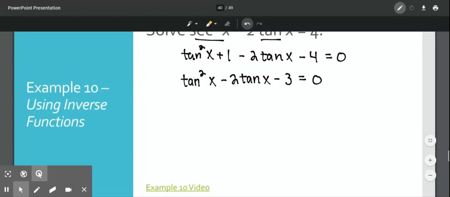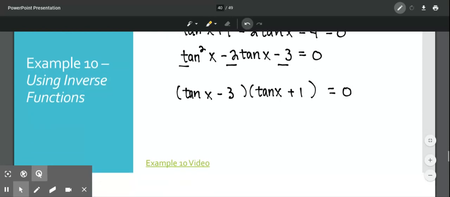And so here we have to think, does anything multiply? Because we have this leading coefficient of 1 right here. So does anything multiply to give us negative 3 and add to give us negative 2? So our tangent squared will factor into tangent and tangent. And your multiples of negative 3 are negative 3 and 1 or negative 1 and 3. And if we need a negative 2, we're going to go with a negative 3 and a positive 1.